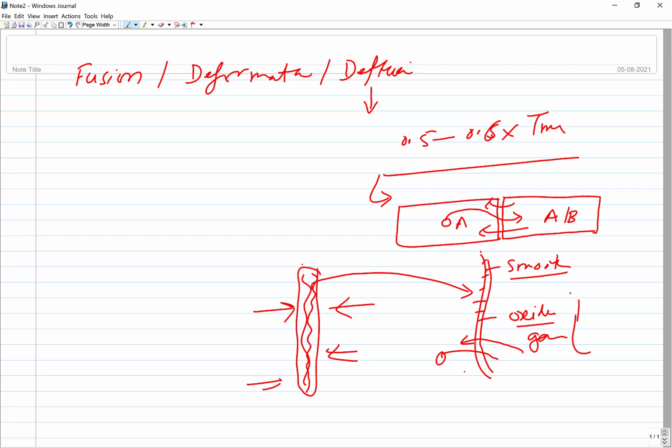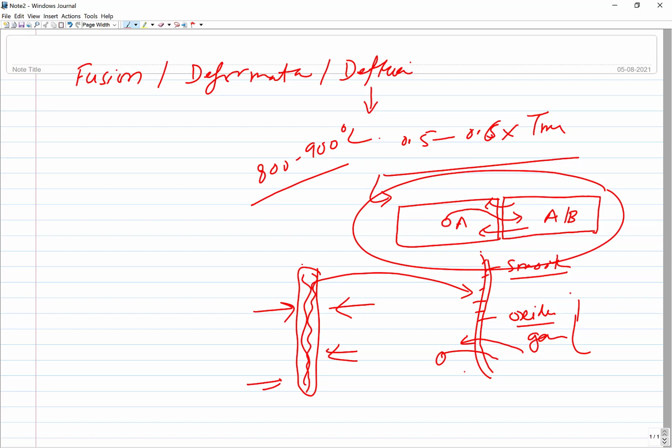And despite all these things, the entire component to be joined is exposed to high temperature; in steels it is very common, like 800 to 900 degrees centigrade, for a longer time. So everything is going to get softened and coarsened. That is going to have another side effect on the base metal performance itself.